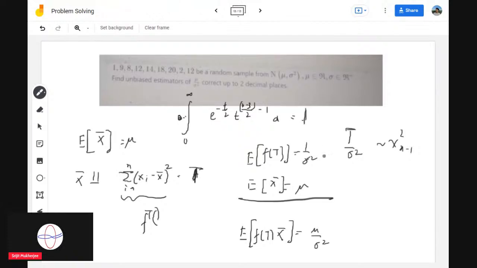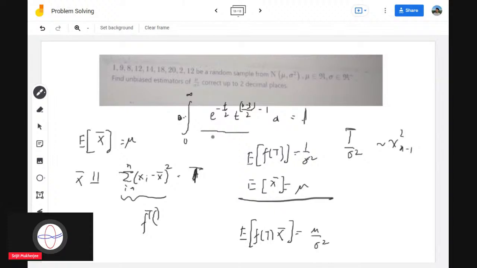So expectation of... In the PDF, there was also a denominator part. Oh, what is the denominator?